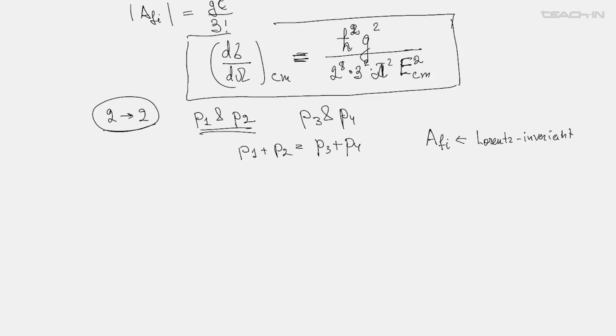Now, this means that in the game there are only three vectors due to the conservation law. For instance, we can exclude p4. And so we have three vectors, p1, p2, p3, from which we can construct 6 Lorentz invariant quantities.